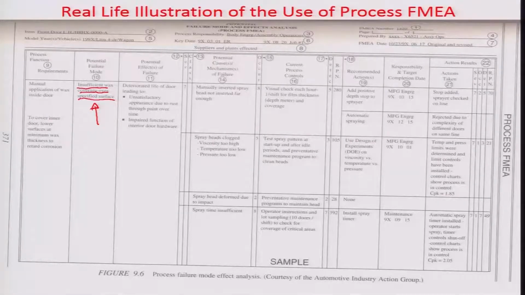The potential failure mode is insufficient wax coverage over the specified surface, which relates to a process function requirement: the main functional requirement of the wax is to be manually applied inside the door so that you can cover the inner door lower surfaces at minimum wax thickness, and corrosion can thus be retarded within such door assemblies. The potential effects of these failures may be many, including deteriorated life of the door or the door parts.